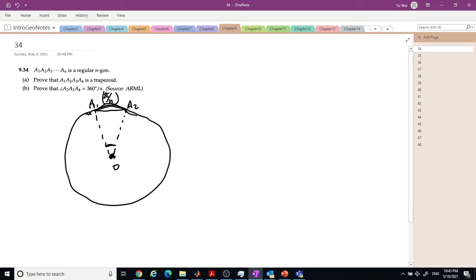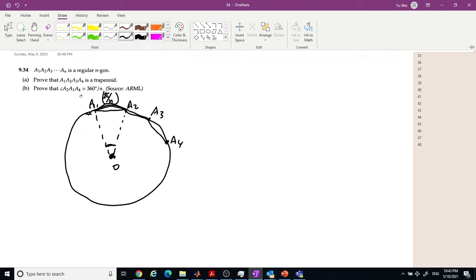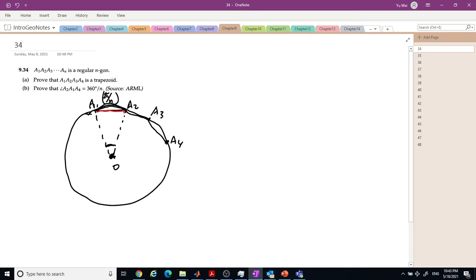Now let's draw four vertices: A1, A2, A3, A4. So we have three sides here: A1A2, A2A3, A3A4. Then we want to prove this is a trapezoid. For an isosceles trapezoid, we already know A1A2 equals A3A4, so the two sides are equal.